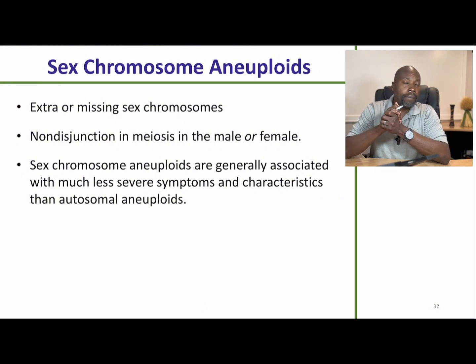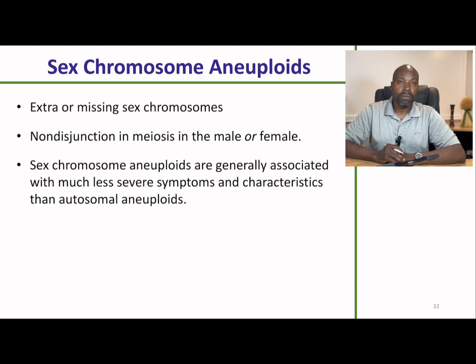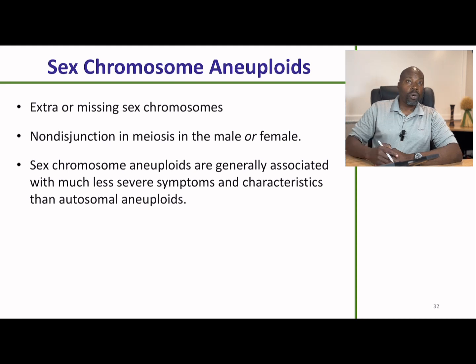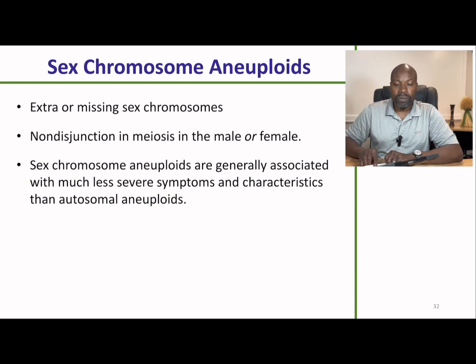Aneuploidy doesn't only happen for autosomes. It also happens for sex chromosomes, right? We can have missing sex chromosomes or extra sex chromosomes. But this is going to lead to some conditions, some of them more or less severe, but most of the time they are not going to be severe.